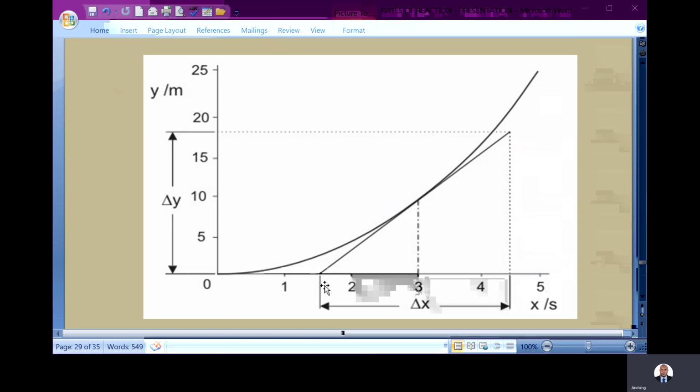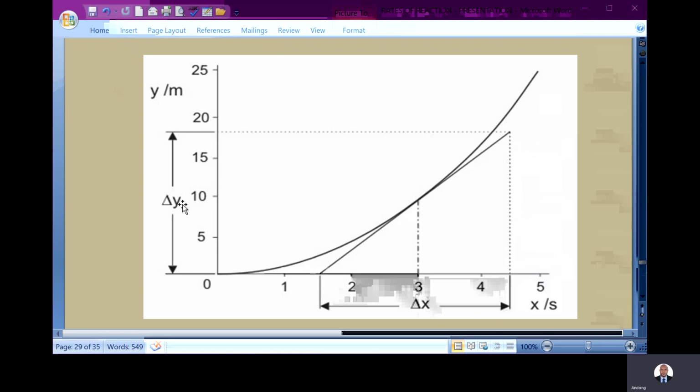Now, you look at the time difference between 1.5 here and 4.5. The change in concentration is 18 minus 0, which gives us 18. Then the change in time will be 4.5 minus 1.5, which gives us 3.